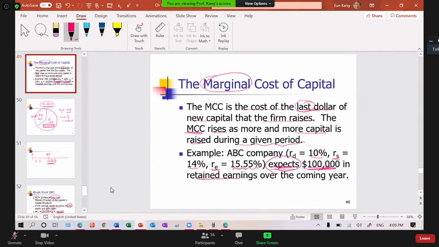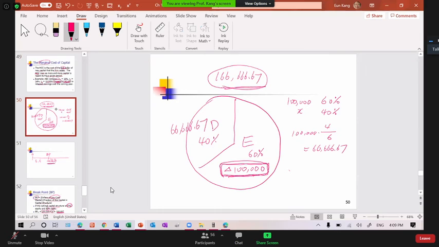Why? Because of optimal capital structure maintenance. You have to maintain the optimal capital structure. When equity goes up 100,000, then debt has to go up 66,000 to maintain the capital structure.